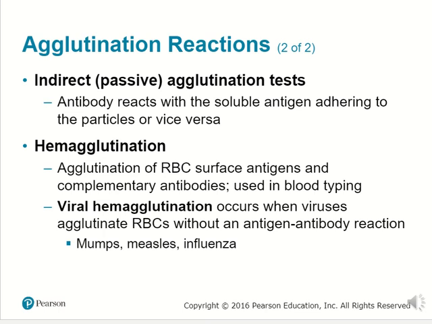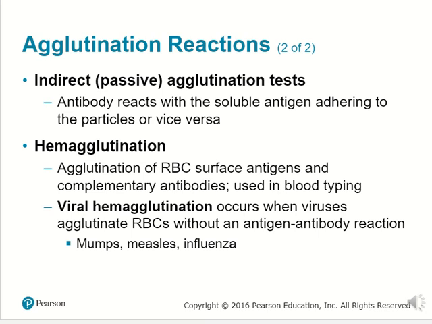There's also hemagglutination, which is the agglutination of red blood cells, or the surface antigens on red blood cells, to complementary antibodies. It's used in blood typing, determining if you're blood type A, B, or O, as well as whether you're positive or negative for the rhesus factor.